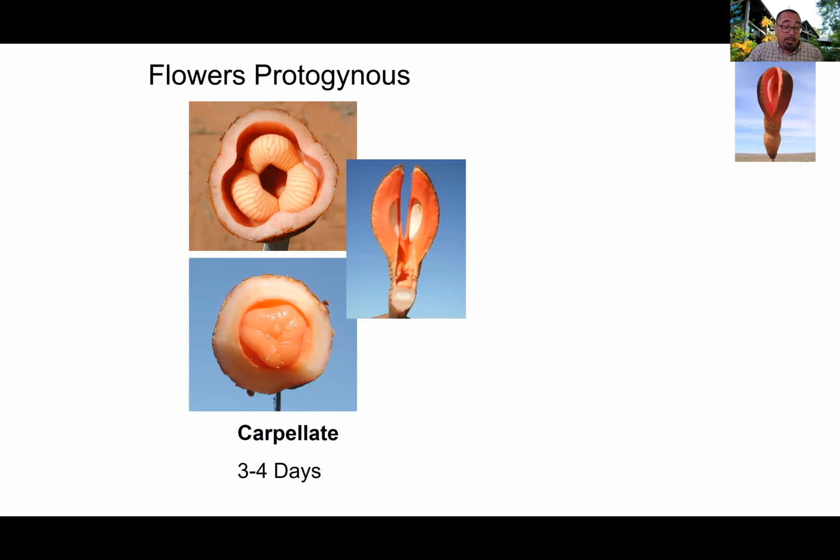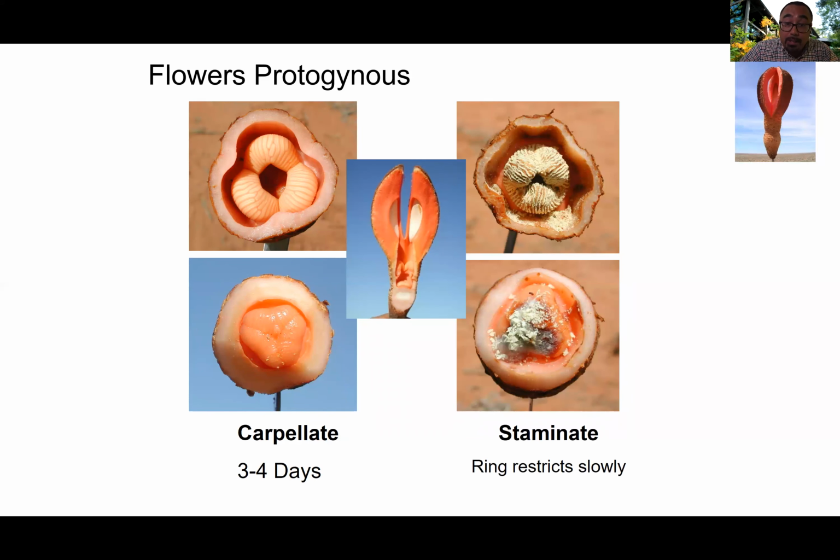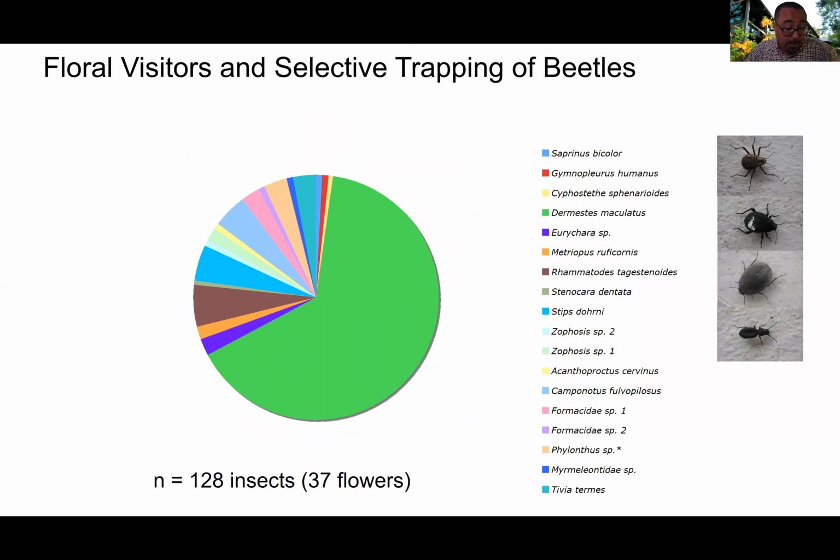Close observation has revealed that Hydnora flowers are protogynous, meaning female first. They're in a carpellate stage for several days, followed by the staminate stage, where the antherial ring sheds pollen and the ring slowly restricts. Observations of floral visitors indicated that Dermestes maculatus, a cosmopolitan carrion beetle, was the primary floral visitor.